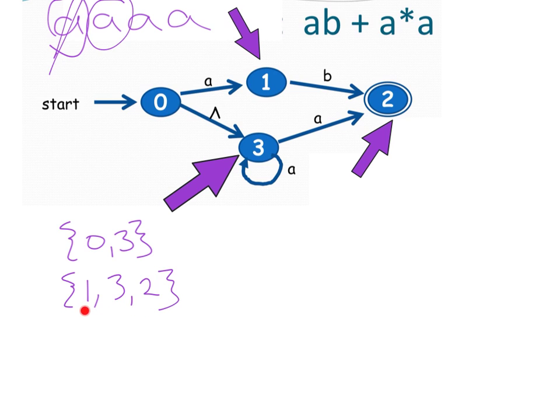So if I'm at state 1 and I see an A, there's nowhere to go, right? So that state, or this arrow here, goes away. We can't be at state 1 anymore, and we can't move from state 1. So this arrow, gone.